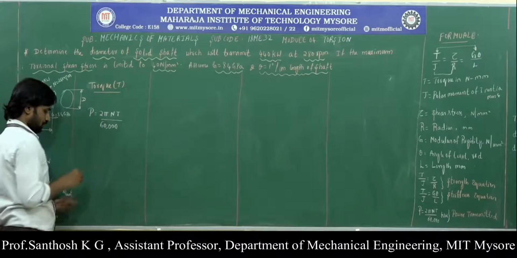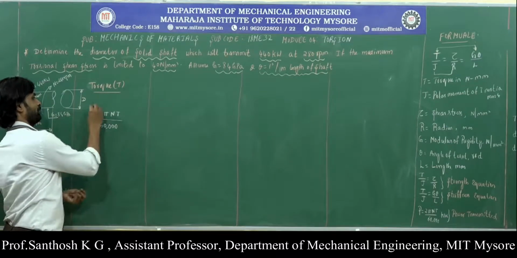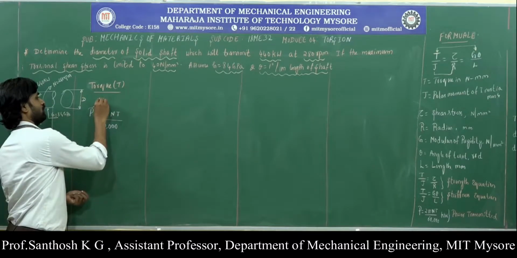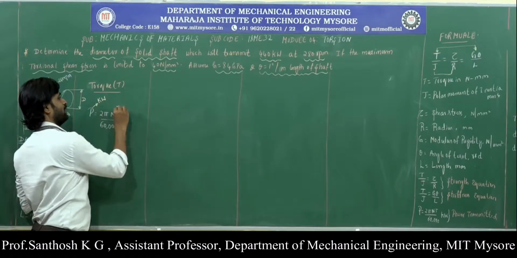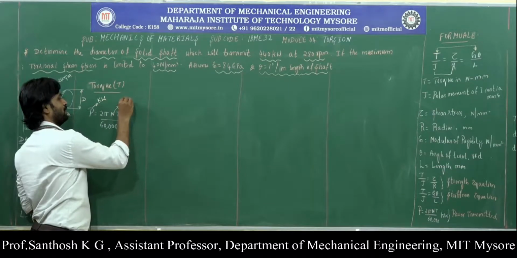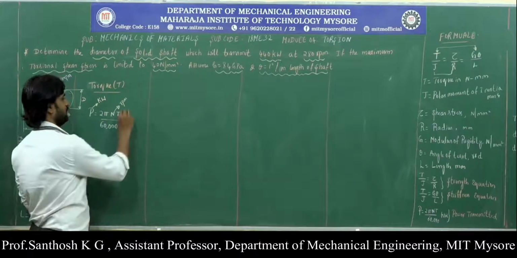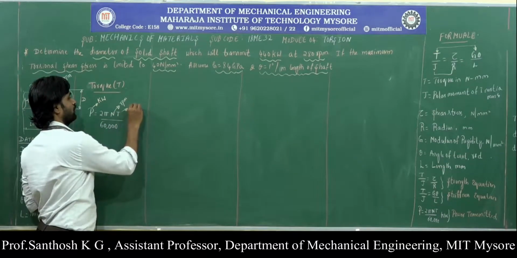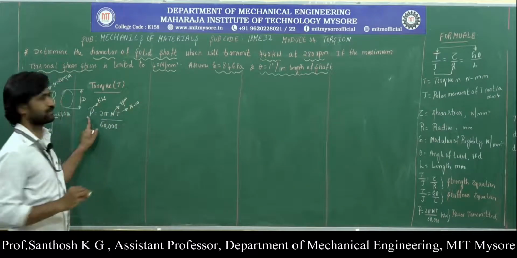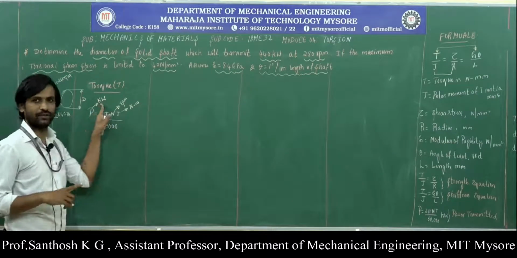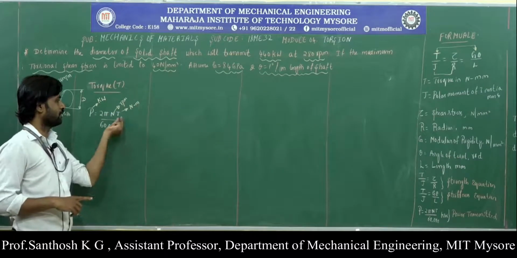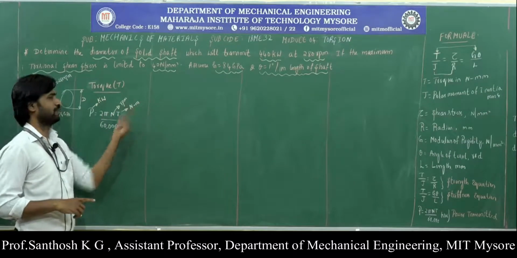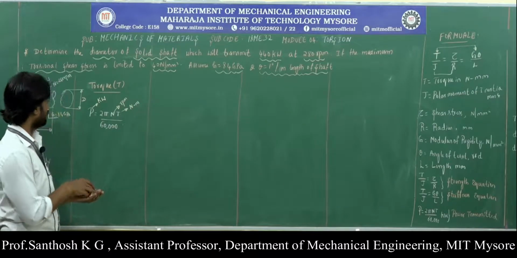Here, in order to get the value of P in terms of kilowatts, I need to substitute the value of N in terms of RPM and the value of T should be in terms of Newton meter. So if you substitute the value of P in kilowatts and the value of N in RPM, you are going to get the value of T in Newton meter.